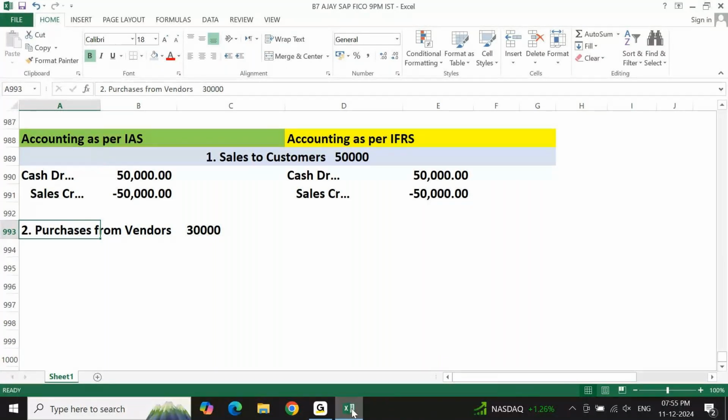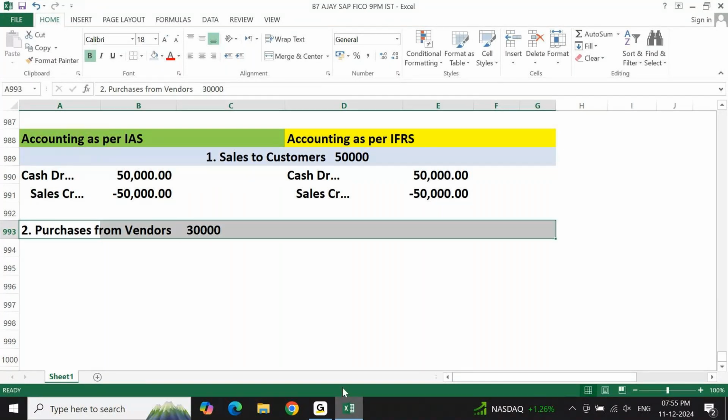All right. So second one, we were talking about purchases from vendor. Same thing. Let me merge this entry also. Accounting entry for this purchase from vendor, considering our assumption, it is a cash purchase.